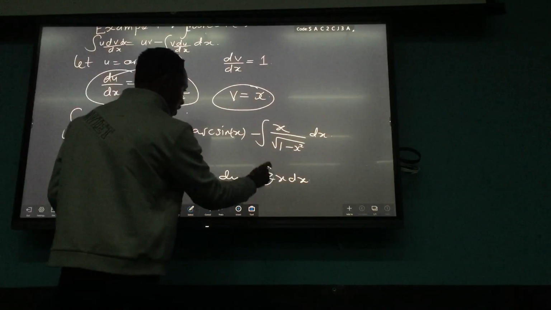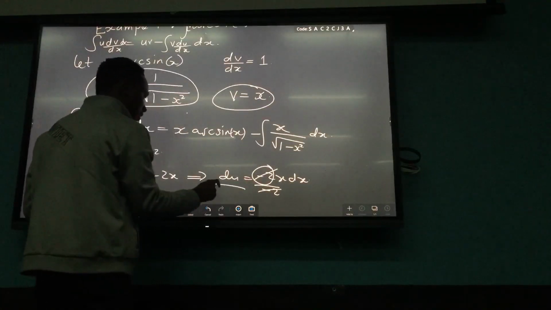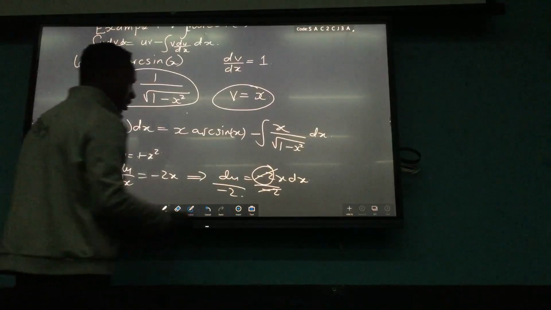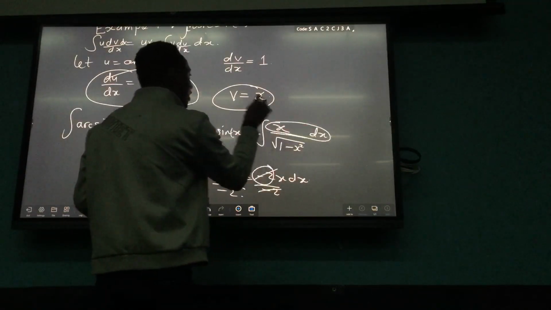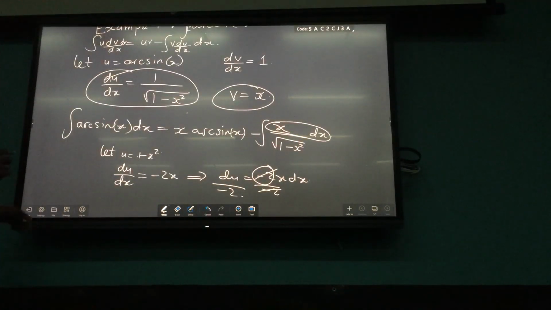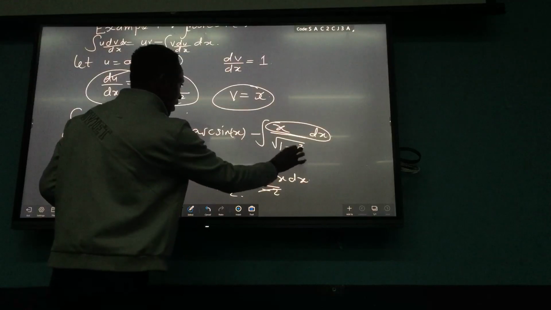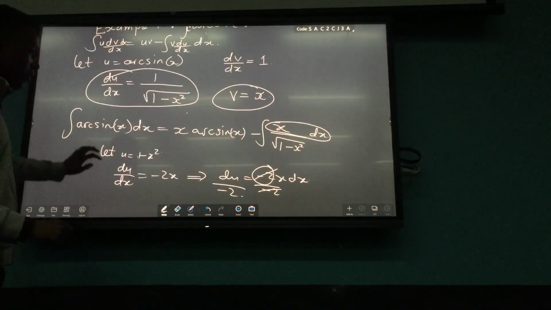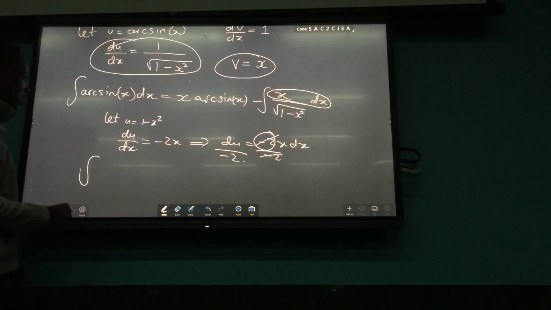Then you can divide both sides by this, so minus du over 2 is equal to x dx, of which you have an x dx there. So you are replacing that with minus du over 2. And the 1 minus x squared that you have in there, you are replacing it with u, because we said it's u.